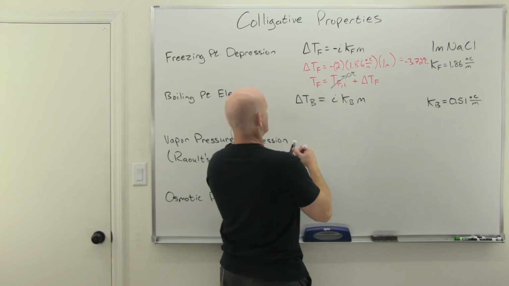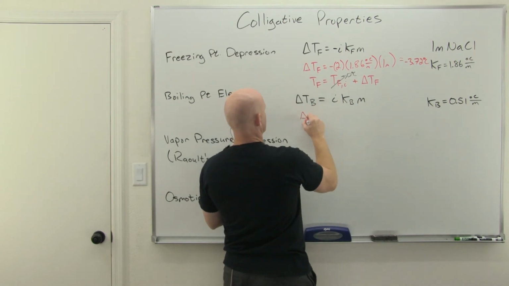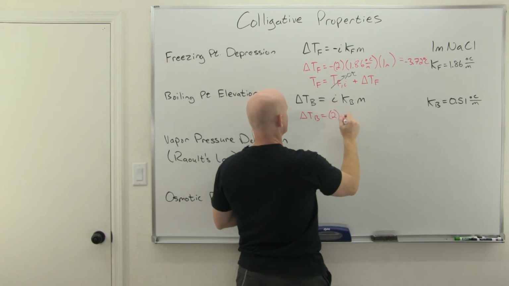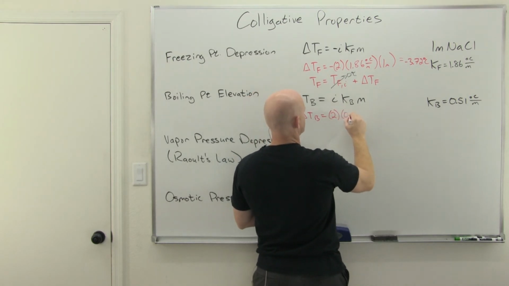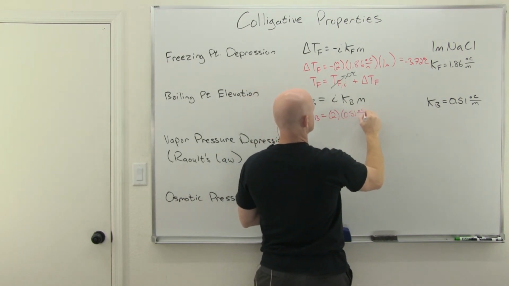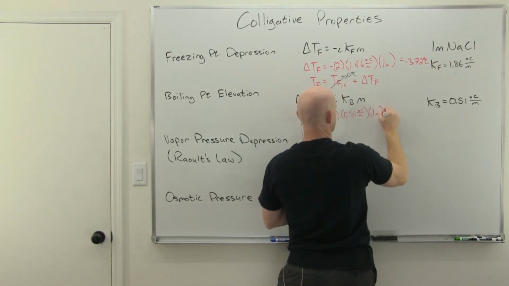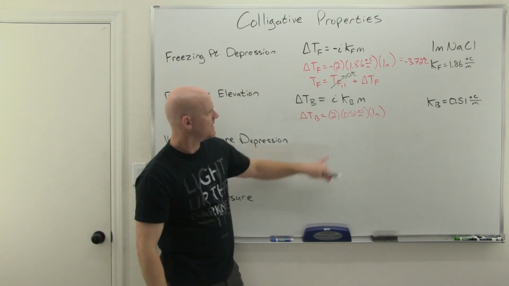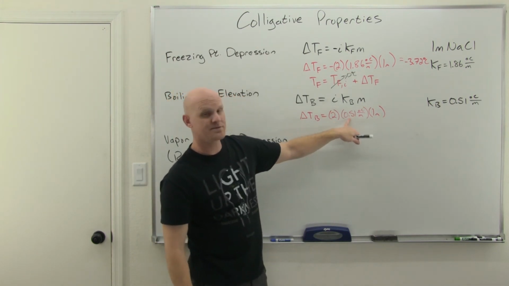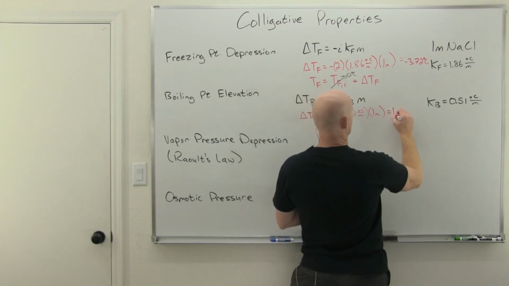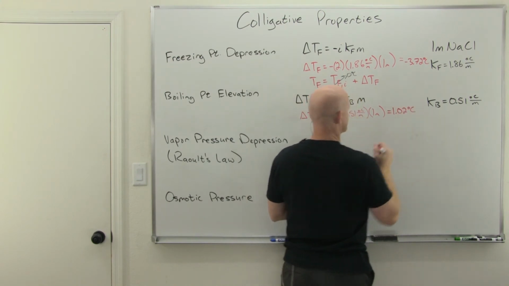So in this case, we'll calculate the change in the boiling point equals i, again 2 for NaCl, times Kb, 0.51 degrees Celsius per molal, times our molality, again still 1 molal for our NaCl solution. And 2 times 1 is 2, and 2 times 0.51 is about a 1 degree change. In this case, 1.02 degrees Celsius.